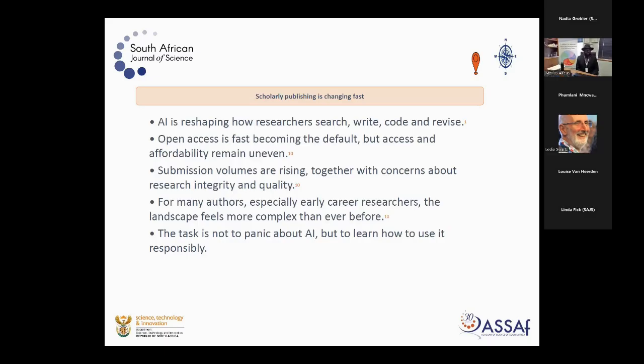For many authors, especially early career researchers, this landscape of publishing is becoming very overwhelming and complex. But what I want to bring across to you today, especially early career researchers and higher degree research students, is that you shouldn't panic, but we should learn how to use AI responsibly.